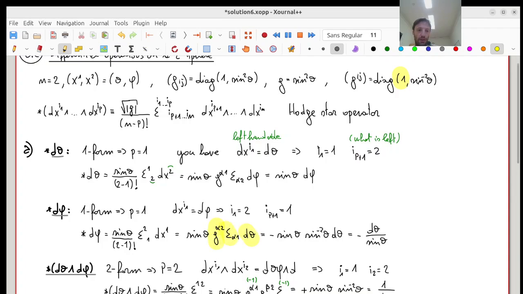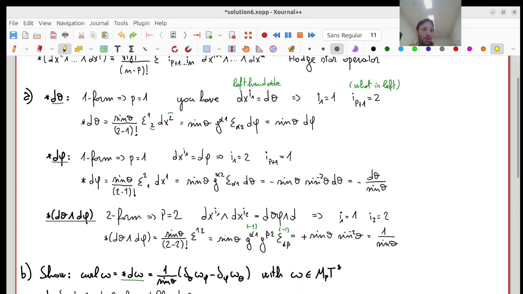Here again, we lower the index of our Levi-Civita coefficient, but we have G22, because the only non-zero term that we have along the diagonal with a fixed 2, and that's sinus to the power of minus 2. Okay, this one. And it pops up here. In the end, you have this sinus to the power of minus 2, which cancel out partially, and you have your final result with the minus, which is coming from your lovely Levi-Civita symbol.